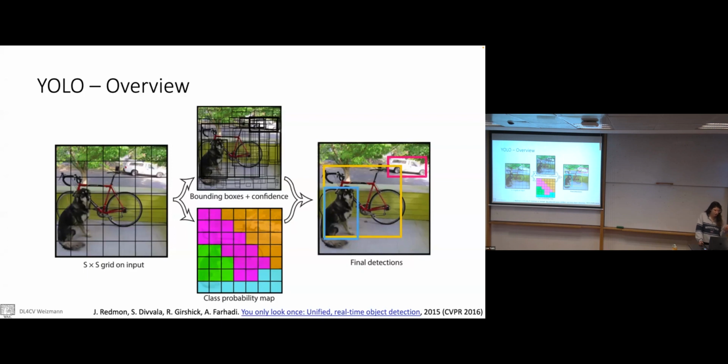Each grid cell will also evaluate the probability of each class. We're going to see that in more detail in a minute. Given the bounding boxes with their confidence and the classification of each grid cell, we're going to combine this information and predict the final detection from that.